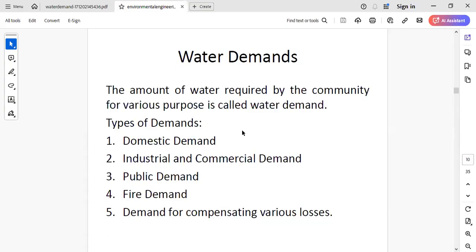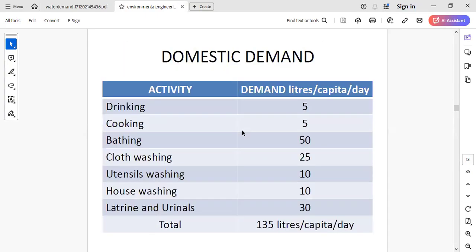Here you can see the picture showing water demand and the domestic demand.